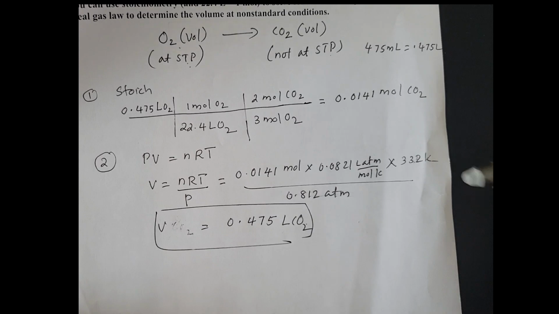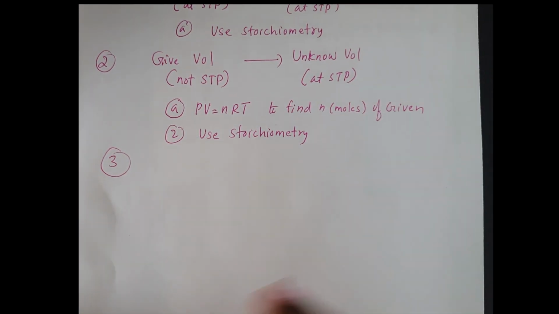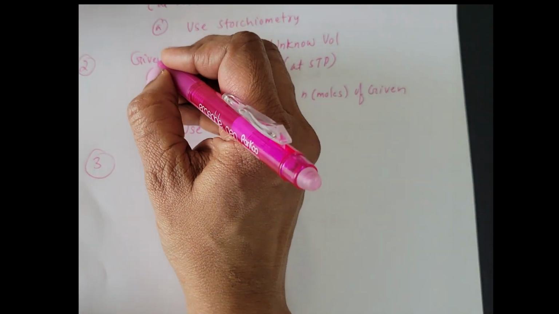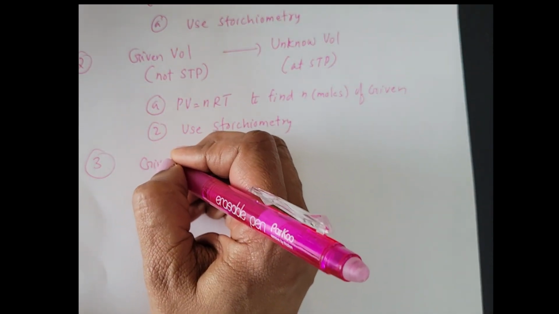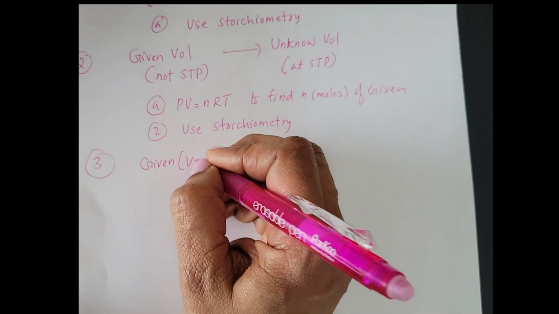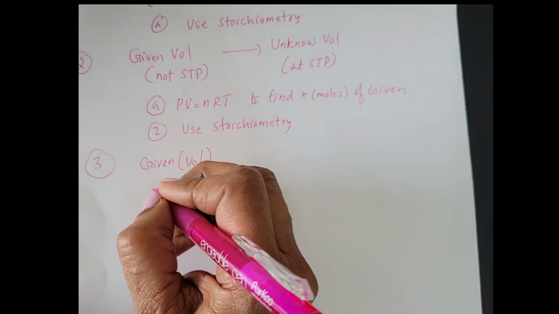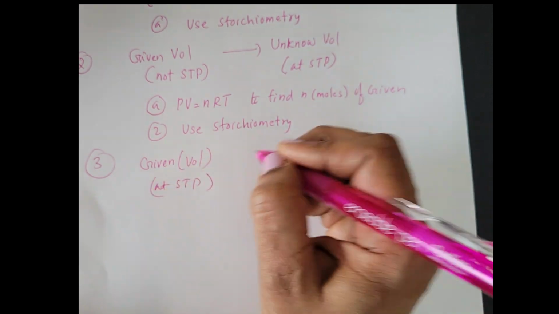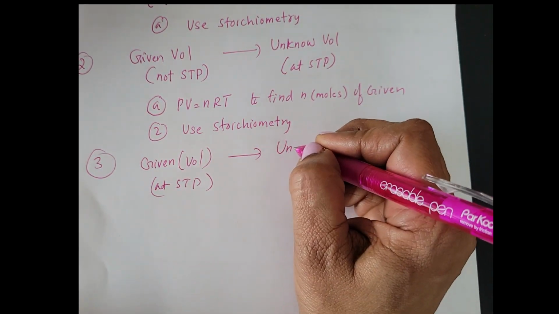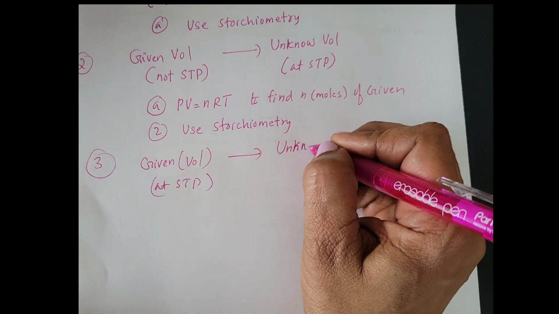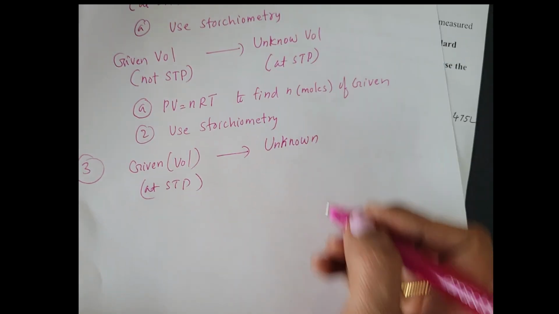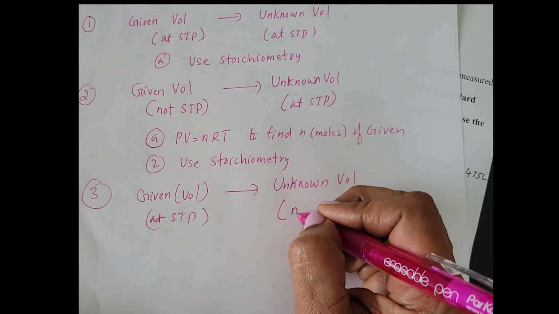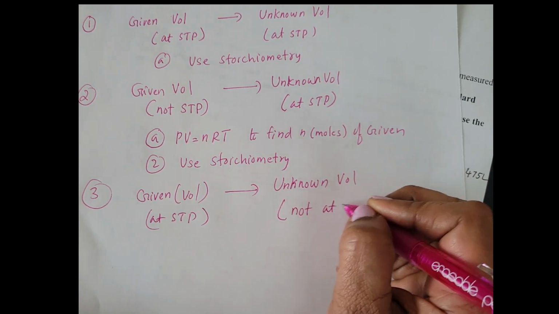Okay, that is the third type of question. That means in this question, the given is volume at STP condition, but the unknown is volume which is not at STP condition.